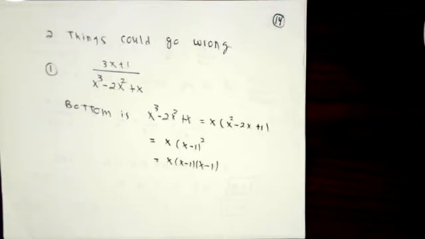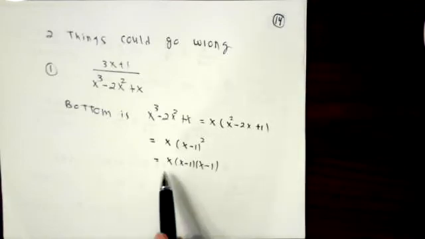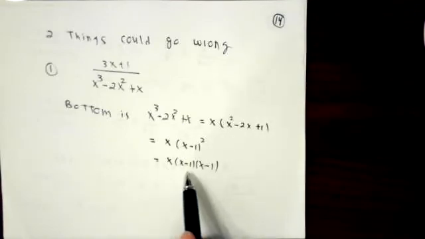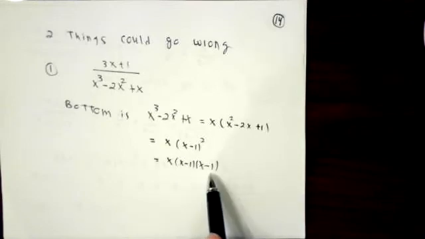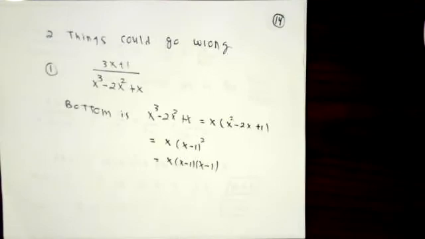The bottom of the fraction is a cubic polynomial, but it doesn't split up into three distinct linear factors. I've got an x, I've got an x minus 1, and then I've got another x minus 1. If this happens, it's not too difficult to fix it.